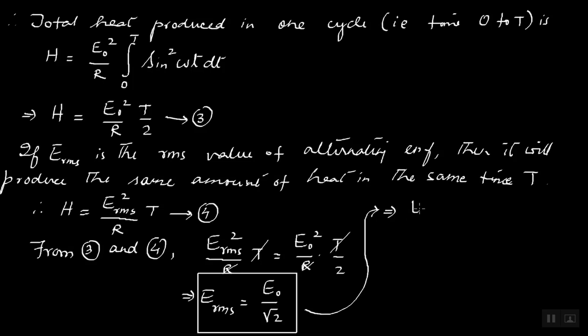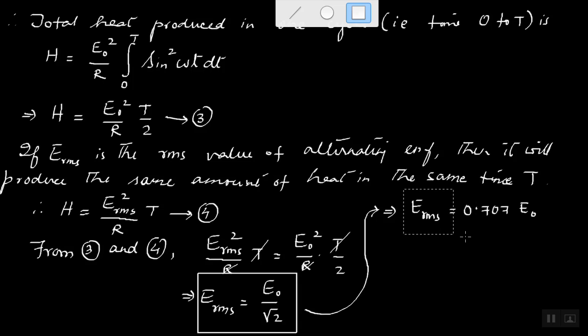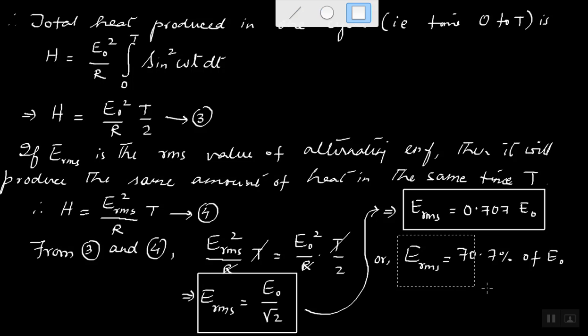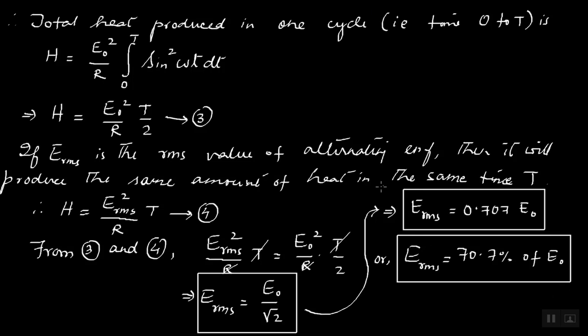Or you have E RMS equal to 1 by root 2, which is 0.707 of E naught, or you can say E RMS is 70.7% of E naught. So this is the final expression that gives the RMS value of the alternating voltage in terms of the peak value. A very small expression, but a very important expression.